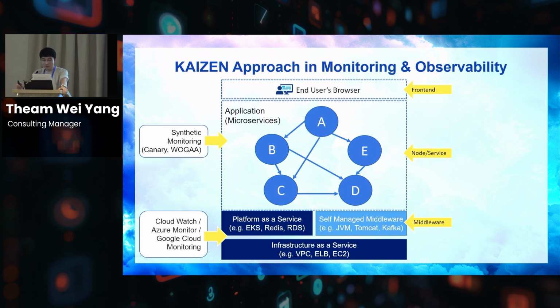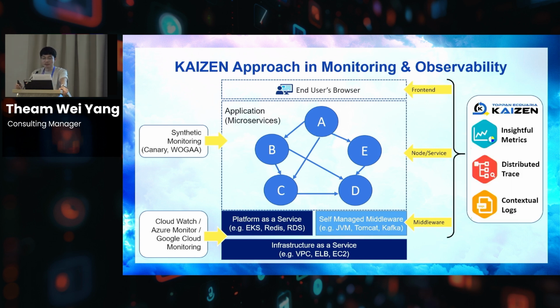All right? So with the 3 pillars I mentioned previously, the DID: detect from insightful metrics, identify by distributed tracing, and diagnose with contextual logs, we have the entire system covered with monitoring and observability.